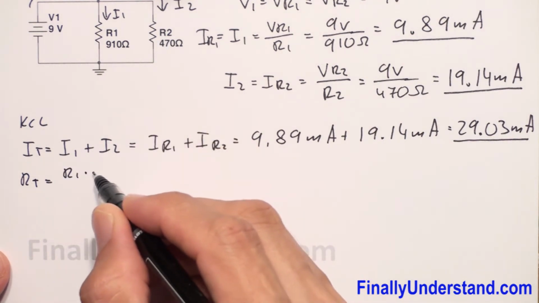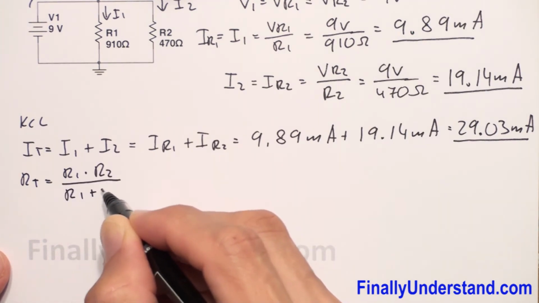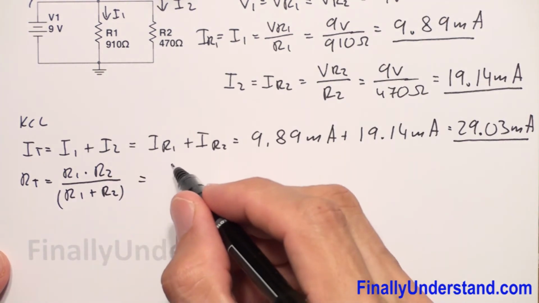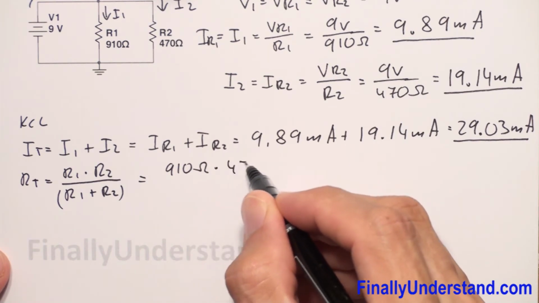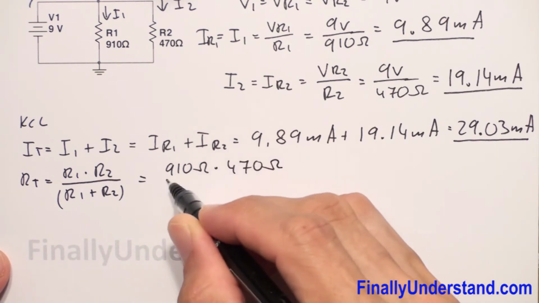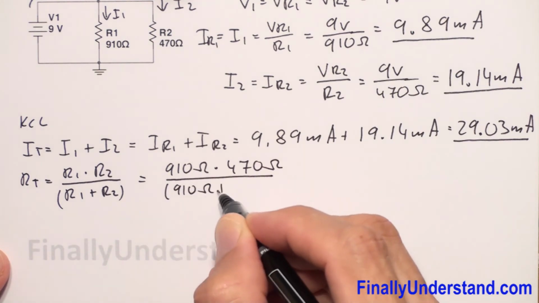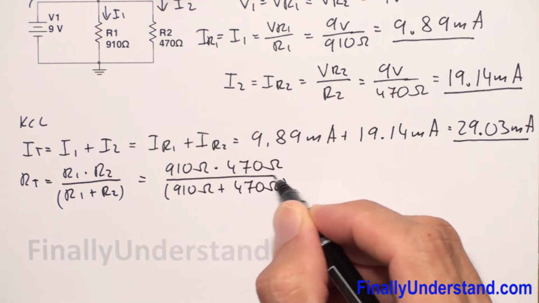R total is R1 times R2 over R1 plus R2, where R1 is 910 ohms times 470 ohms, divided by 910 ohms plus 470 ohms.